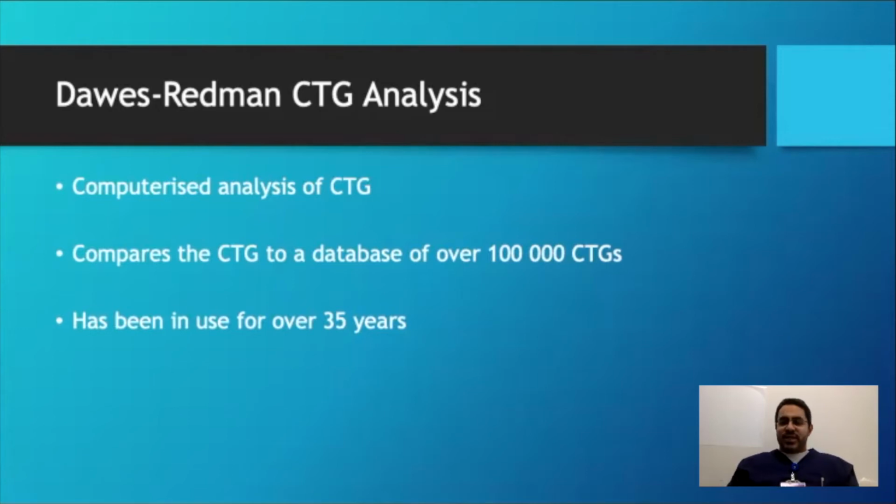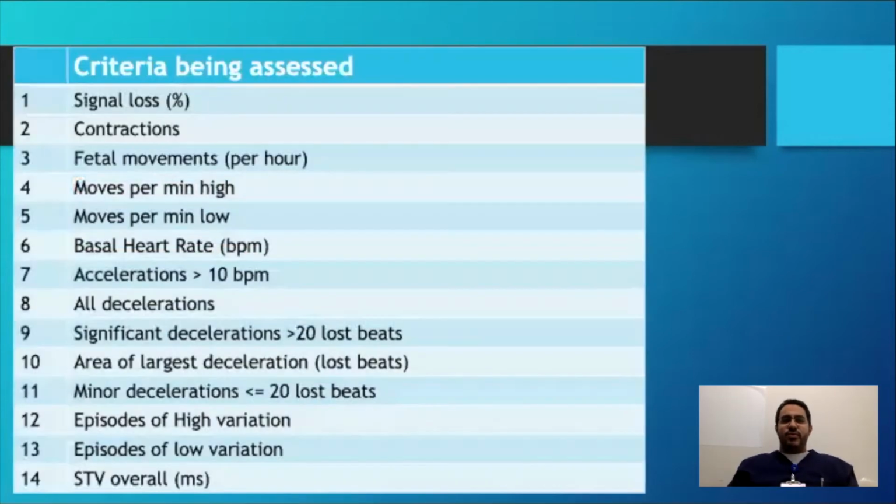Okay, so what is the machine actually looking for? It's looking at the trace and assessing the trace for many things. It starts off by looking for the things that we look for on a trace. So what percentage of the time do we actually have contact? If we have a lot of loss of contact, it will alarm saying I have too much loss of contact, and it's not going to meet the criteria. Okay. It's looking for contractions, obviously.